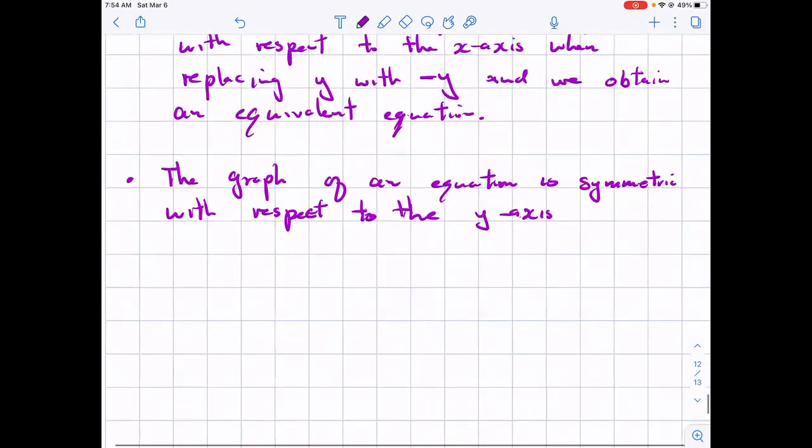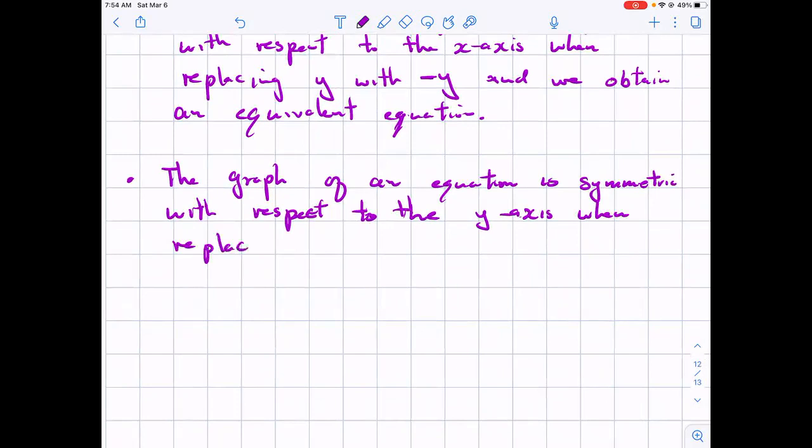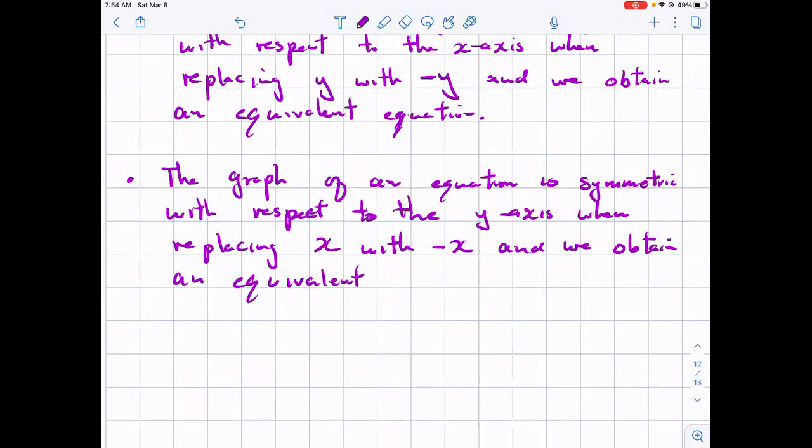Okay. When replacing x with minus x, and we obtain an equivalent equation. Okay.